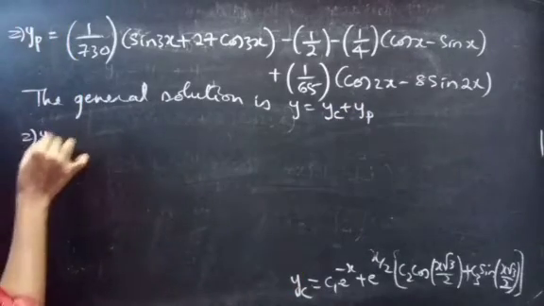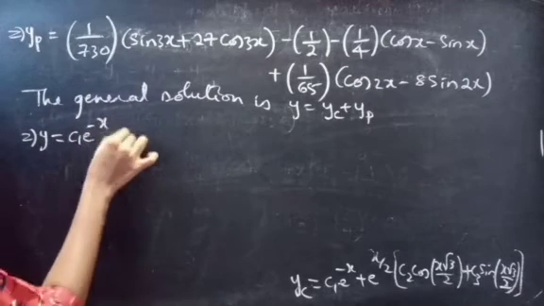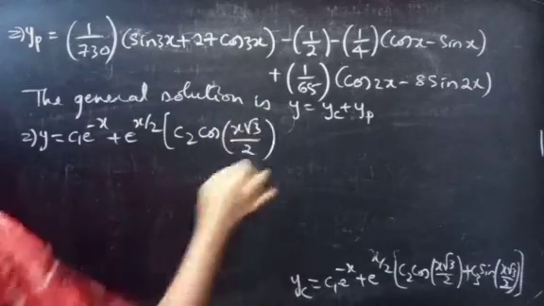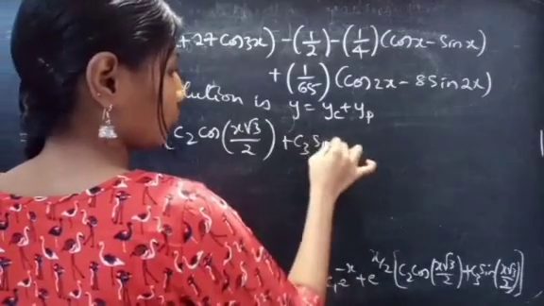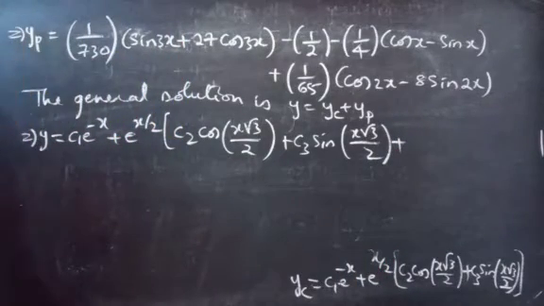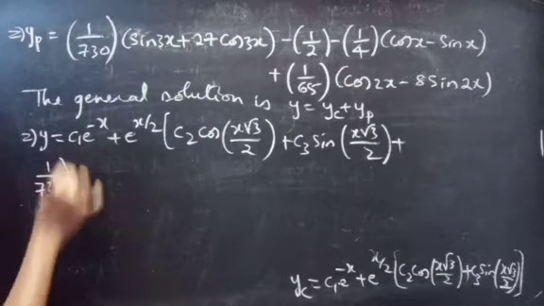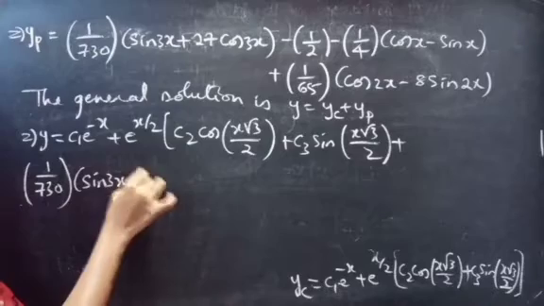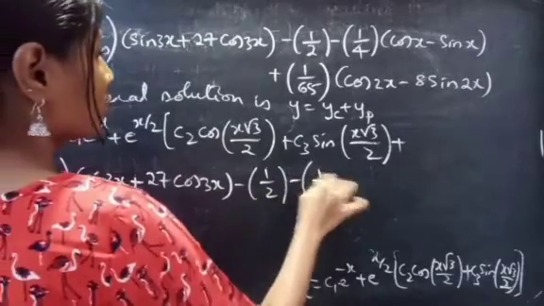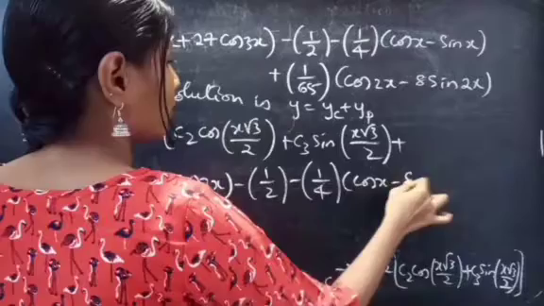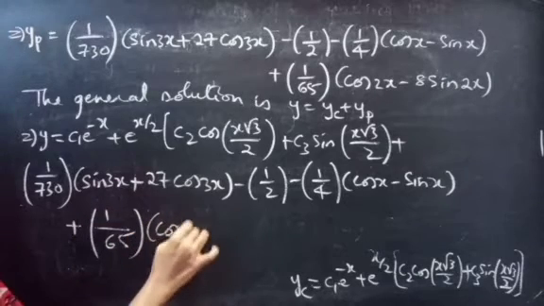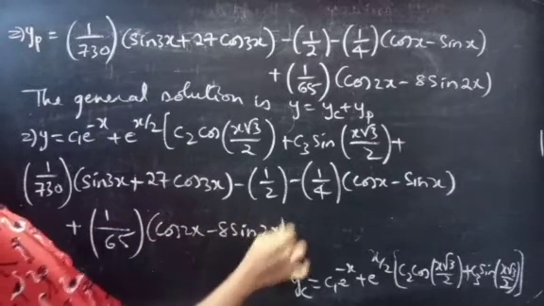Then y equals, we have yc, c1 e power minus x plus e power x by 2 into c2 cos x root 3 by 2 plus c3 sin x root 3 by 2, plus yp, 1 by 730 into sin 3x plus 27 cos 3x minus 1 by 2 minus 1 by 4 into cos x minus sin x plus 1 by 65 into cos 2x minus 8 sin 2x. This completes the problem.